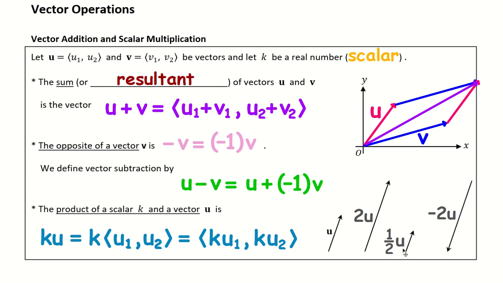This vector would be a picture of what 1/2 times u looks like. And this, people, look at where the arrowhead got switched to, would be a representation of what -2 times u would look like. Fascinating.